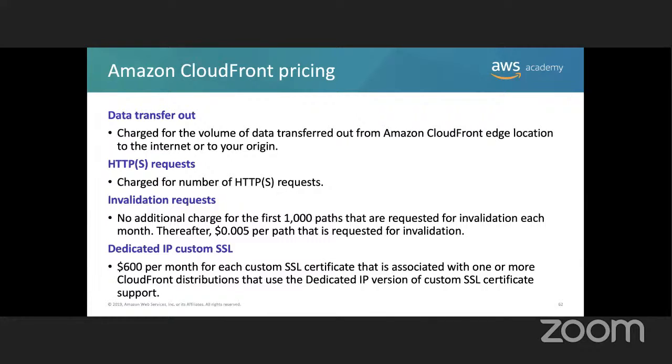Invalidation requests: no additional charge for the first 1,000 paths that are requested for invalidation each month. After that, it's $0.005 per path that is requested for invalidation.